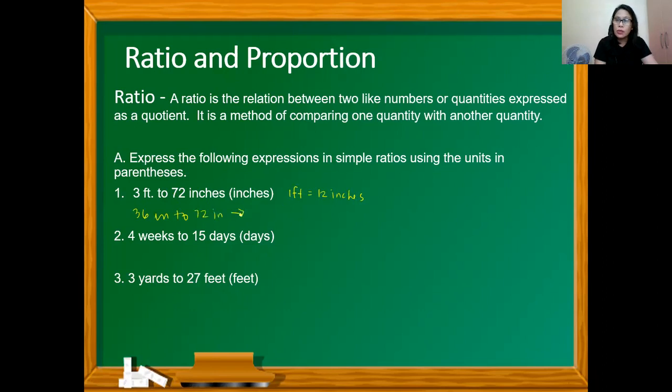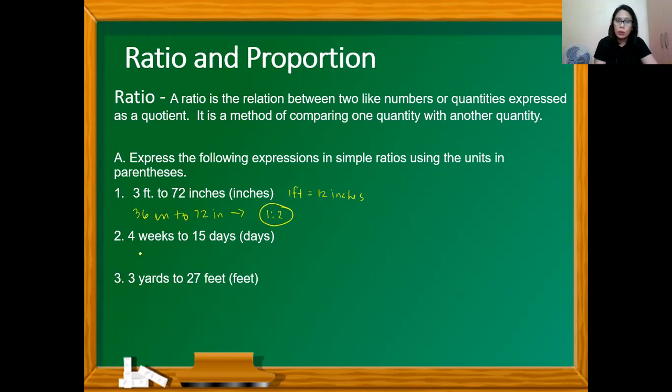Now, we can make use of a colon to represent a ratio. We know that 36 and 72 have a common factor, which is 36. By dividing both by 36, we can simplify the ratio into 1:2. So this is the simple ratio for number 1.